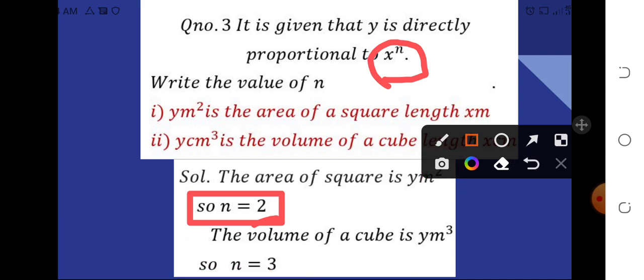This is the answer of part 2. Why? Because m has power 3. They want the power of x, so the power of y m cube, so n is equal to 3.